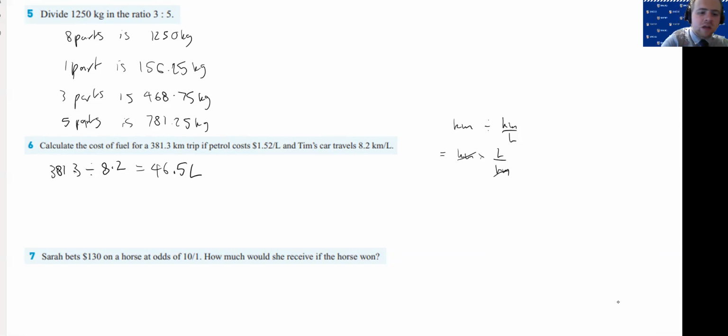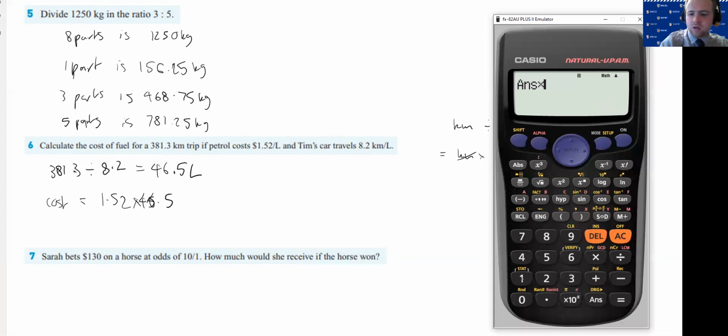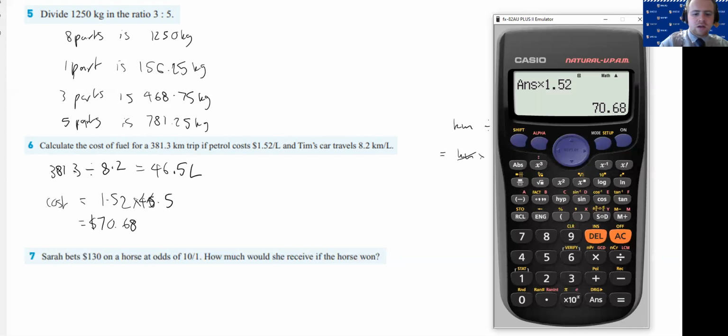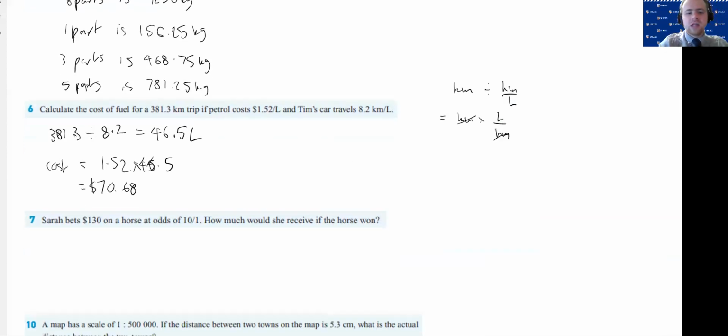Okay, so then cost equals 1.52 times the answer that we got above. So we're just going to times this by 1.52, and that gives us our answer of $70.68. Okay, so find the litres first and then find the cost after you've found the litres.